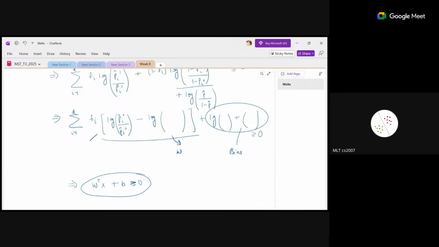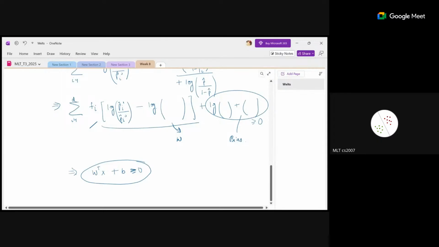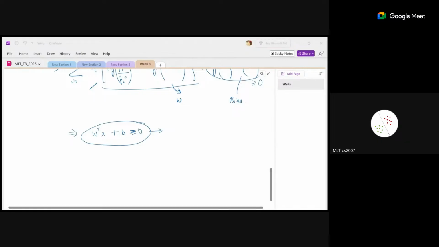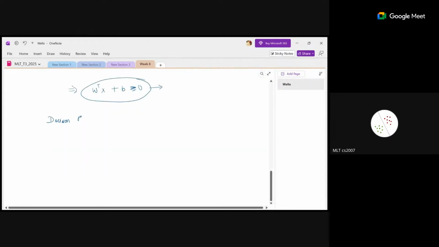It will come out to be of the form W transpose X plus B greater than or equal to 0. So all we can conclude from here is that the decision function of naive Bayes is linear.